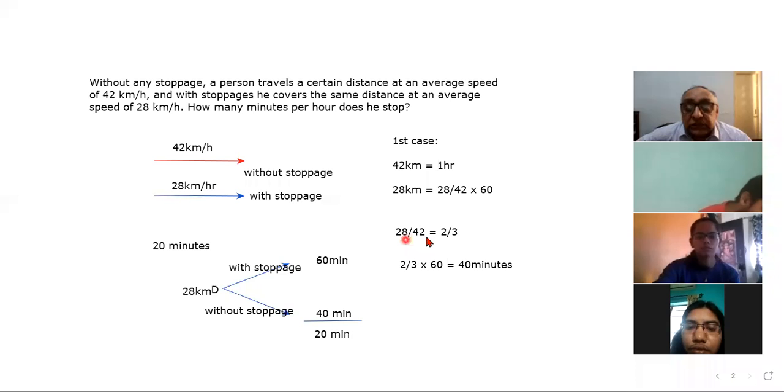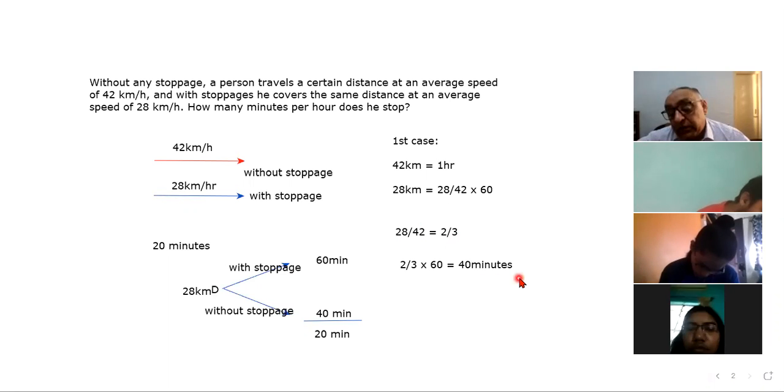This distance of 28 kilometers is 2/3 of 42 kilometers. If the distance is 2/3, then the time taken will also be 2/3. So if the person had not stopped on the way, he must have covered the distance of 28 kilometers in 40 minutes only.